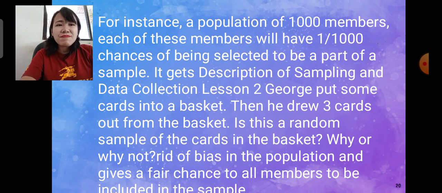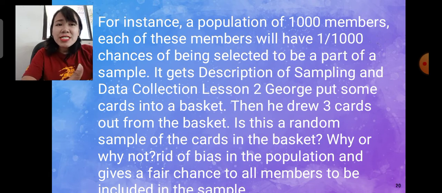Description of sampling and data collection. Lesson 2: George put some cards into a basket, then he drew 3 cards out from the basket. Is this a random sample of the cards in the basket? Why or why not? It removes bias in the population and gives a fair chance to all members to be included in the sample.